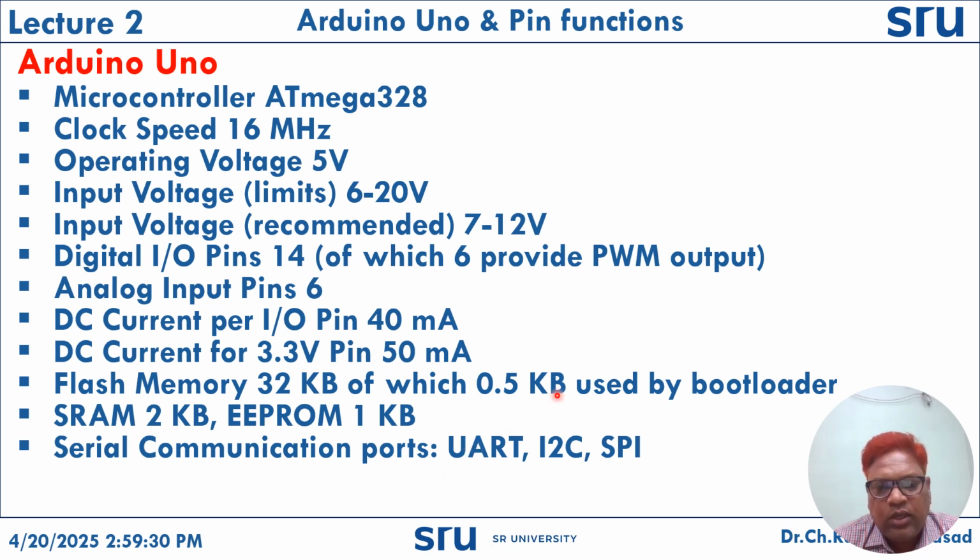One is UART, which stands for Universal Asynchronous Receiver and Transmitter. Second is I2C, Inter-Integrated Circuit. And third is Serial Peripheral Interface, SPI. So these are some of the features of the Arduino UNO board.